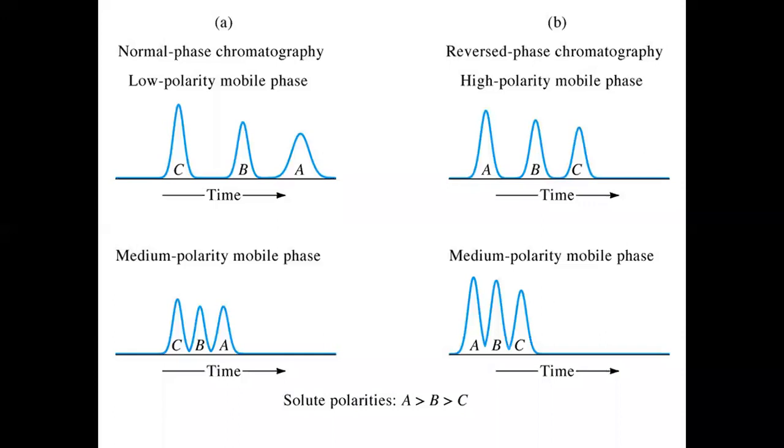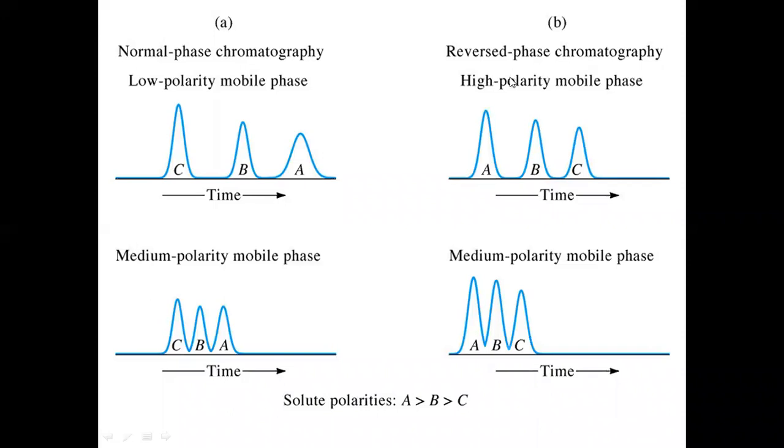If you look at the order of elution while using normal phase chromatography, meaning the stationary phase is polar and the mobile phase is non-polar, out of species A, B, and C, species C is eluted first, and B is eluted, then at last A is eluted. So the retention time of A is greater than B, which is greater than C. With a polar stationary phase and non-polar mobile phase, CBA is the order of elution.